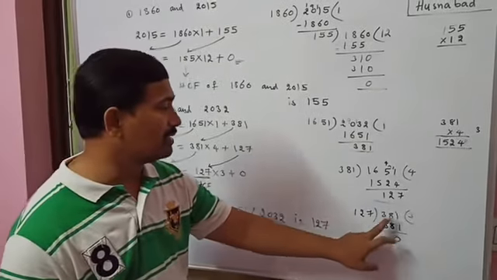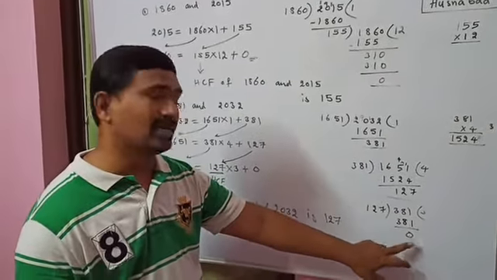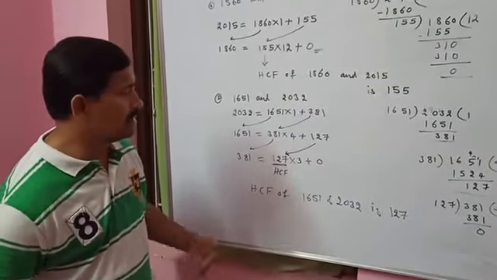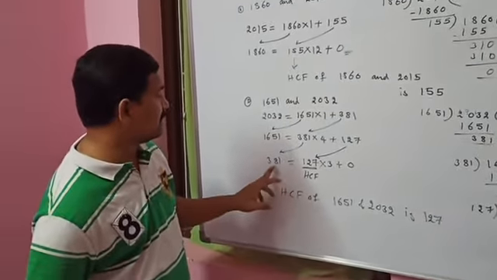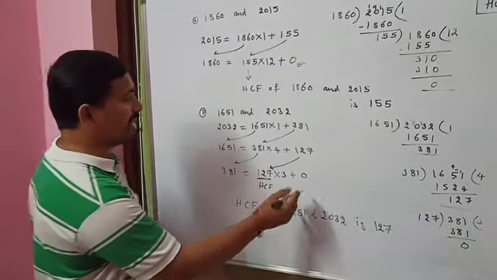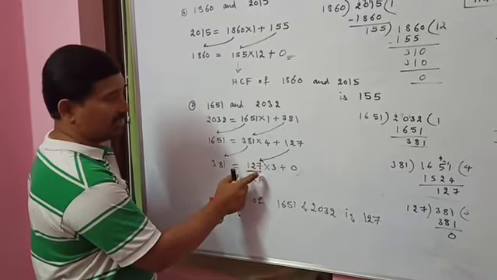127 threes are 381. Here we are getting 0. When you are getting 0, the division algorithm ended and we can find the HCF. 381 equals 127 into 3 plus 0. Here we got remainder 0, so this divisor is the HCF.